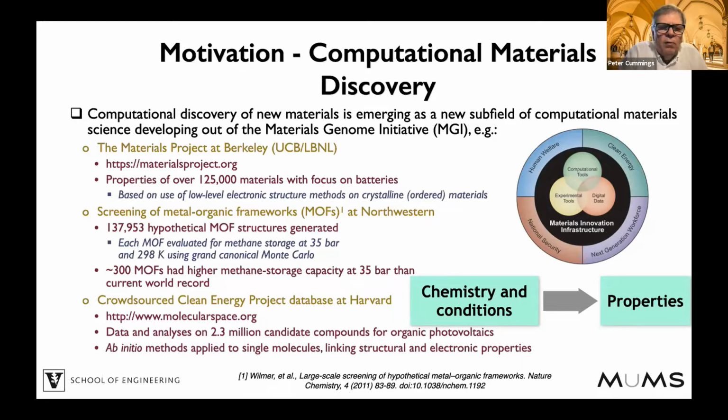And this is looking at methane storage. And then the last one is looking at single molecules, looking at candidate compounds for organic photovoltaics. In all of these cases, what's being connected is you need a connection between the chemistry of the system and the conditions and the properties that you want to screen over.